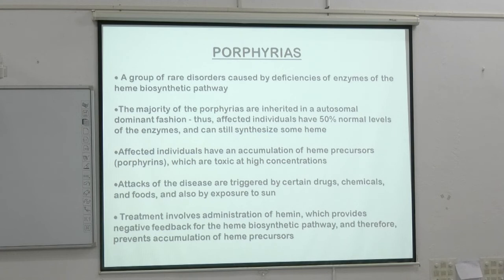Here comes your first question of your NEET PG examination. Most of the porphyrias are autosomal dominant except, it will be discussed, no worries. So most of them are autosomal dominant, there is one exception.